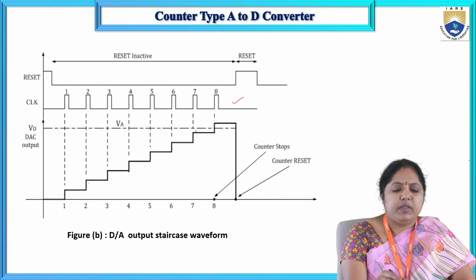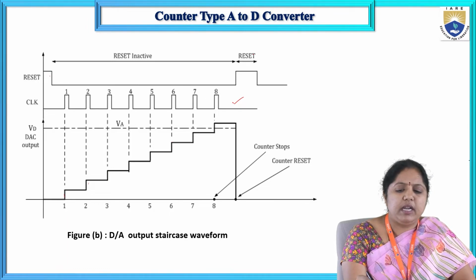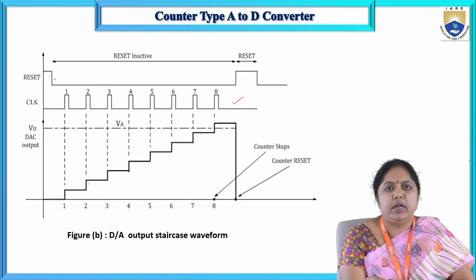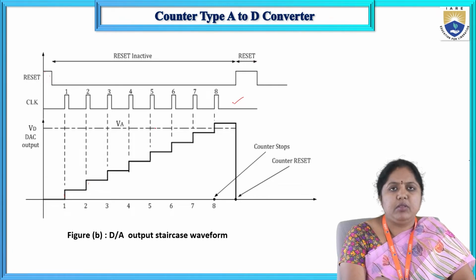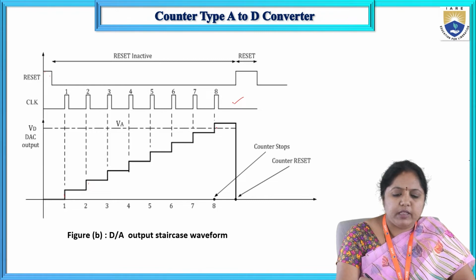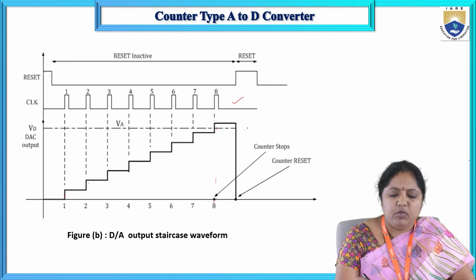Here, when the reset pin goes low, only then is your binary counter on, and at that time it is counting the number of clock pulses. When 8 clock pulses have been counted, the counting will stop, and it will generate the binary word 1000.